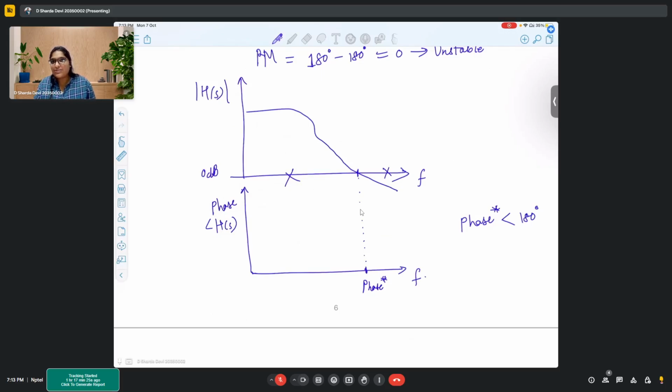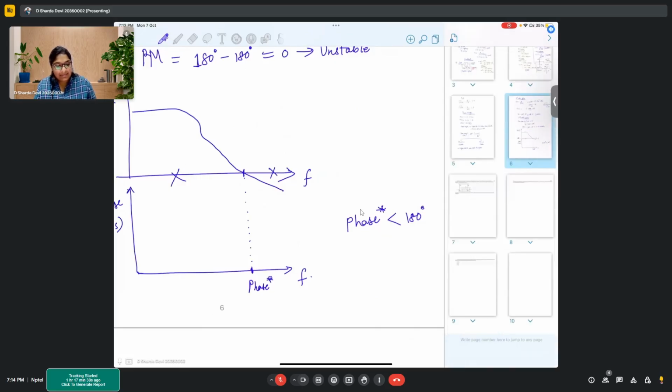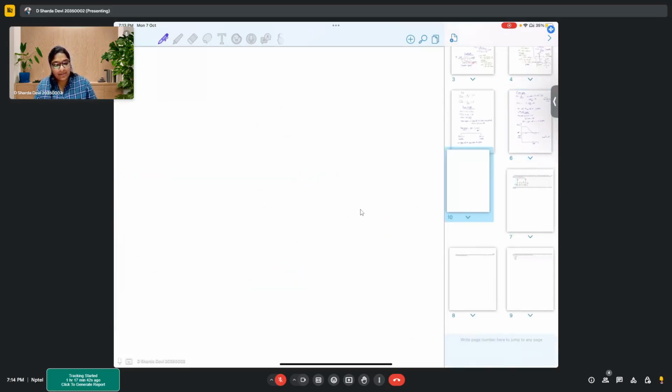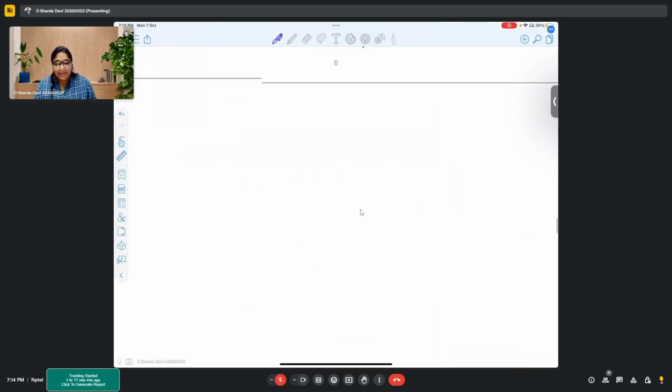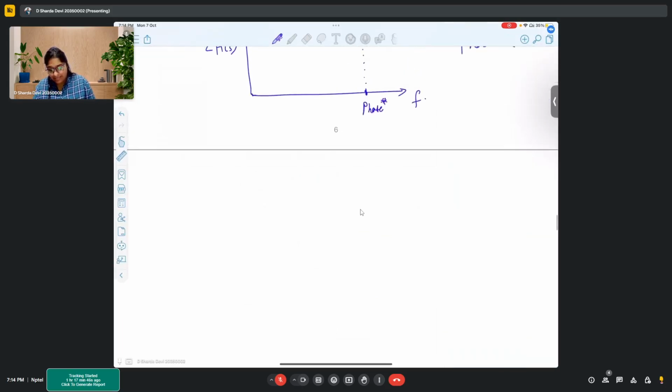There are a few methods through which you compensate these poles and zero placement and try to make the system stable. So that is a different topic. But yeah, there are certain modifications that can be performed in order to stabilize the system.